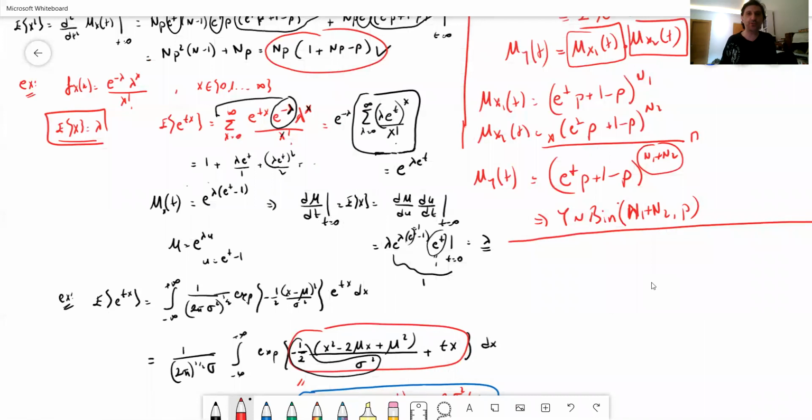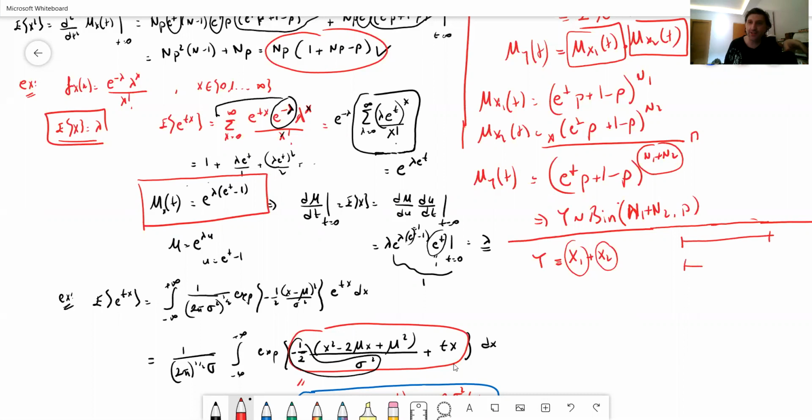So let's use it for what we had here: Poisson distributed random variables. We have two Poisson distributed random variables, X1 and X2, and we are interested in the summation of these. Let's make it something like this. Let's say that we have one office here and another office here, and these are the same time intervals, or any time interval that you take, it doesn't matter.